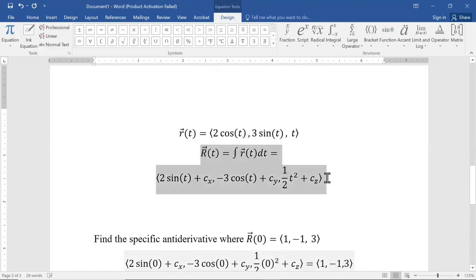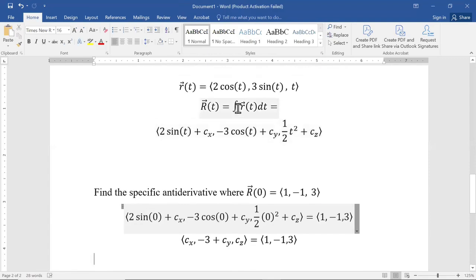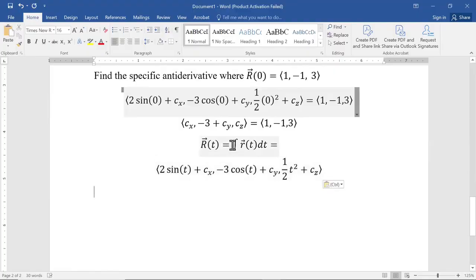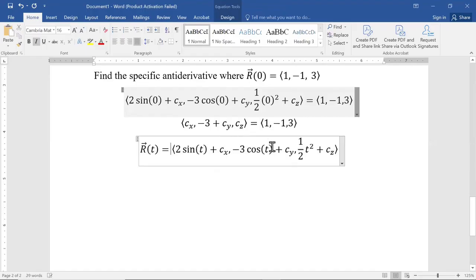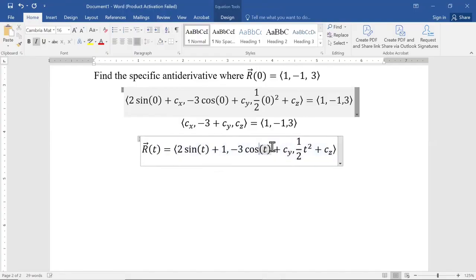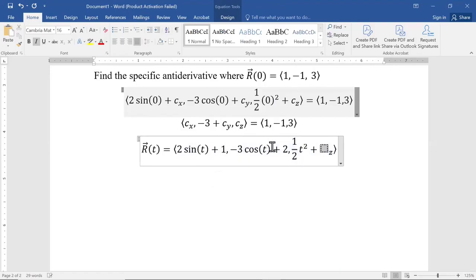So the actual antiderivative that we were looking for, again, remember the indefinite integral gives me the class of antiderivatives. The antiderivative that I was looking for was the one where c of x was 1, c of y is 2, and c of z is 3.